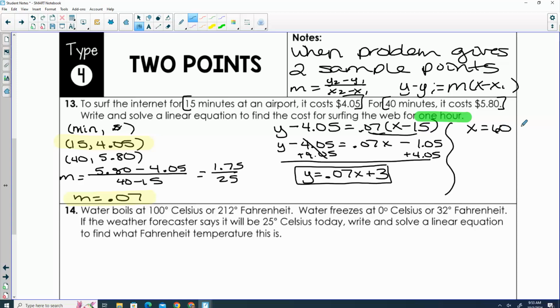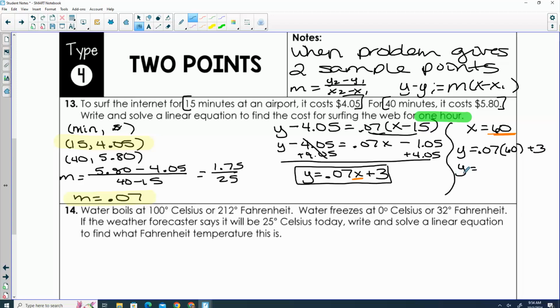So everybody pay attention right now. I want to clarify this. When you are doing that, you are just going to this equation. I now have a number that I am going to use to replace my x. So my equation is y equals 0.07 times x, but my x is 60, plus 3.